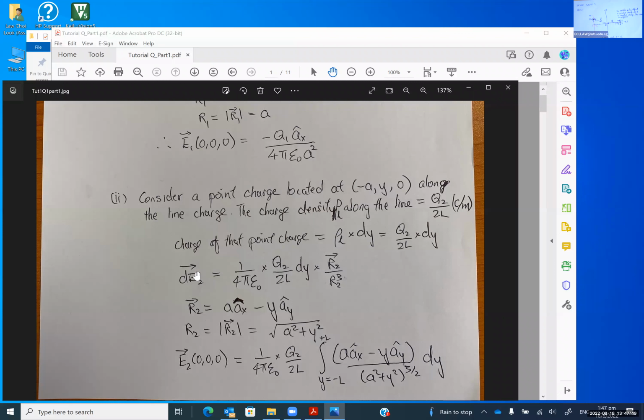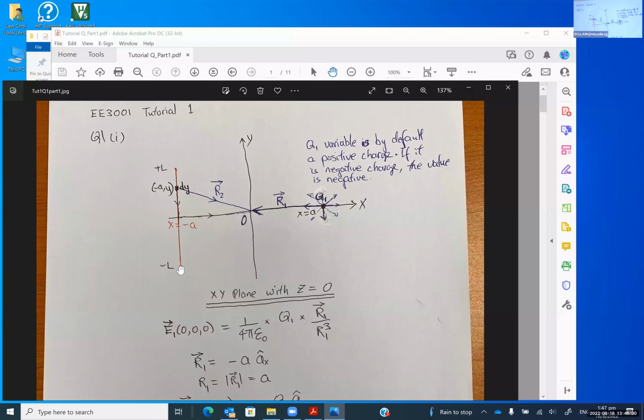In order to get the total E field, we need to sum up this dE, starting from the one due to the charge here, all the way until you sum up to the top here. In mathematics, this summing is equivalent to an integration. So you have to integrate from y equal to minus L to y equal to plus L to get all those dEs summed up.